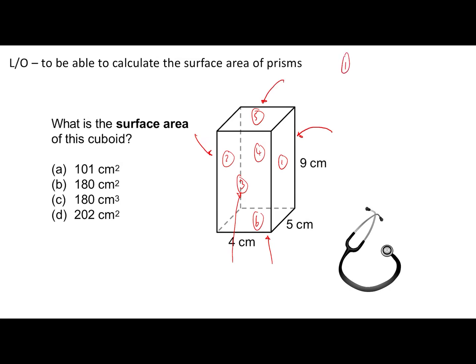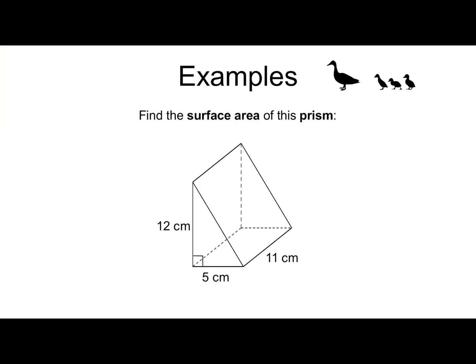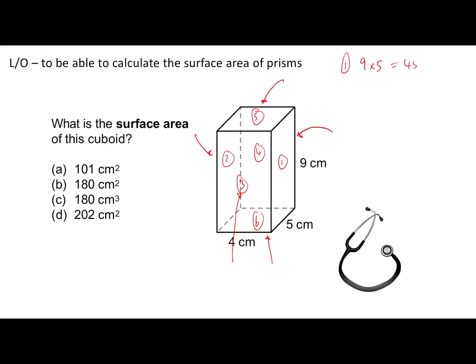So face 1 is a rectangle. So it's 9 times 5, which is 45. And face 2 is actually exactly the same. Otherwise it wouldn't be a cuboid. Face 3, which is the one at the front, has a base of 4 and a height of 9.